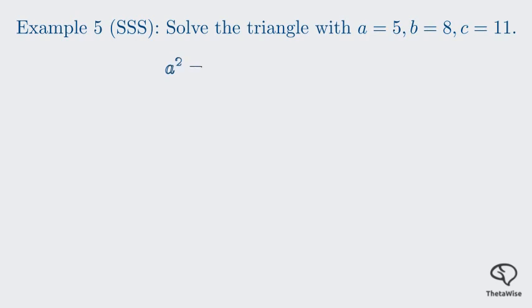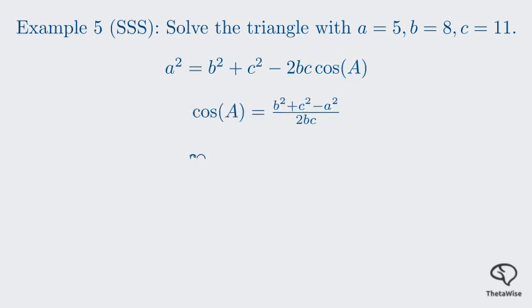We use the form A squared equals B squared plus C squared minus 2BC cosine A. We need to rearrange this to solve for cosine A. After some algebra, we get cosine A equals B squared plus C squared minus A squared, all divided by 2BC.